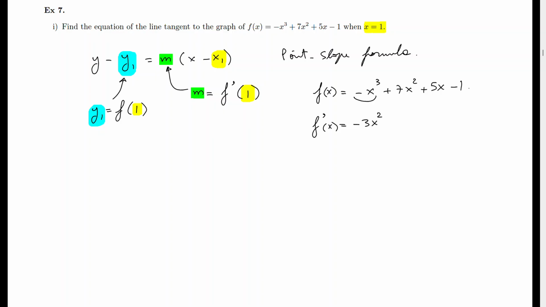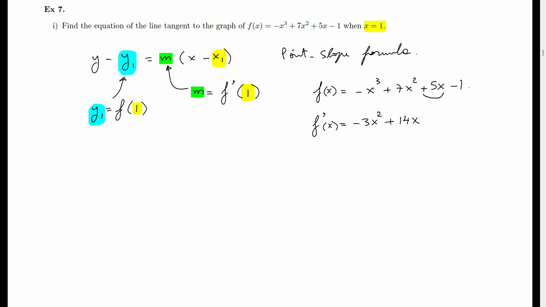The power comes down, then we subtract 1 from the power. Derivative of 7x squared. The 7 is going to hang out. Derivative of x squared becomes 2x. And by the way, 7 times 2 is 14, so let's just write 14x. Derivative of 5x is next. The 5 is going to hang out. Derivative of x is 1.